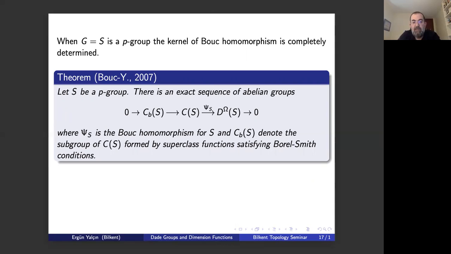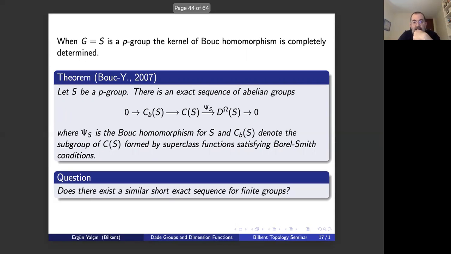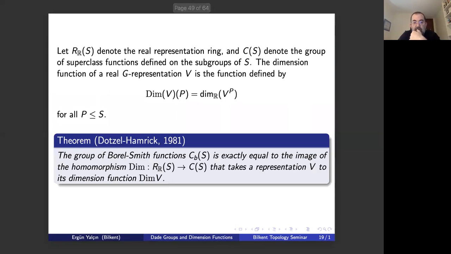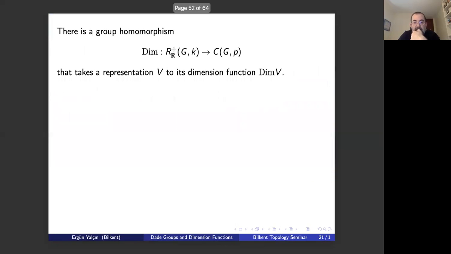Now we want to replace the S with G, and then we want to find the kernel. The candidate we have for the kernel, in the finite group case, is the image of the map from real representations, which are oriented, to these class functions defined on only P subgroups.